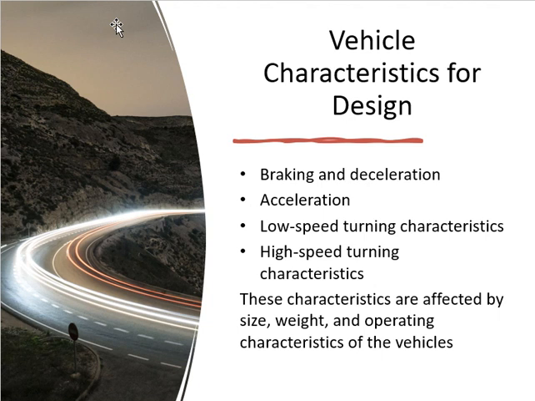Then we have operating characteristics, which is basically the mechanical power or the operating mechanism of the vehicle, the engine basically. The operating characteristics can cancel some of the effects from size and weight. For example, take a plane and a truck. Which one is bigger? A plane is bigger, right?